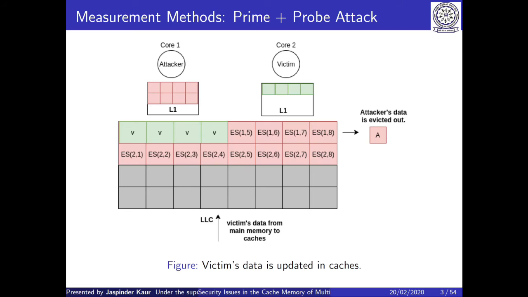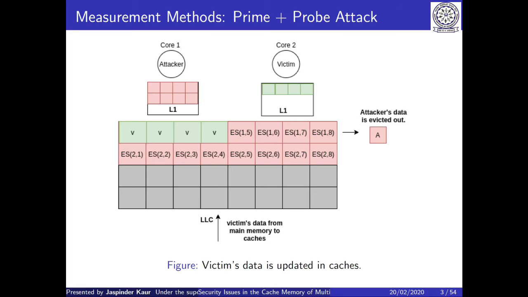If you remember the previous case, when we removed some block from set 1, we invalidated the block from L1. That's why in the probe phase, when the core requested again, we had to go to the L2 cache. But this is not true here, because we have not invalidated the block from L1, so when we request them again, these blocks are still there in L1.